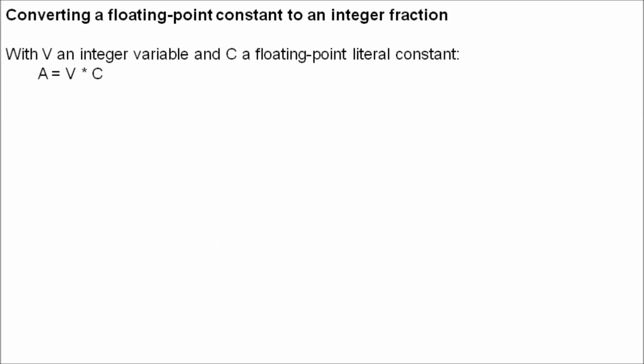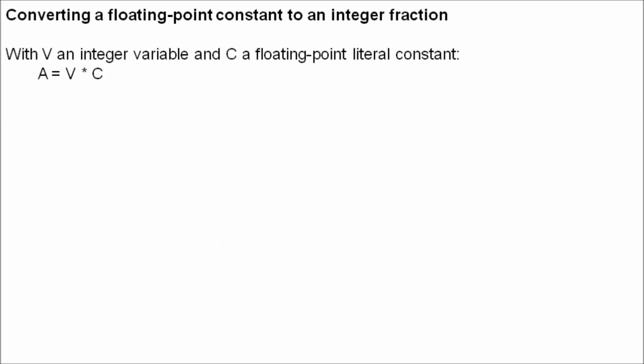So we have seen that by representing the constant as a fraction using integer values instead of a decimal floating point value, the compiler will create code that performs the calculation using integer operations.